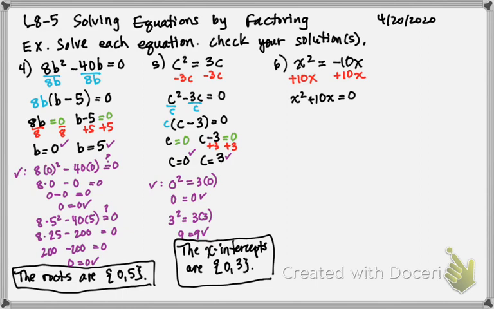And then I'm going to see if I can factor. Let's see, no coefficients, but they do have one x in common. So I get x, and x squared divided by x is x, and then plus, and 10x divided by x is 10. I'm going to take each one of those, set them equal to 0, and solve.